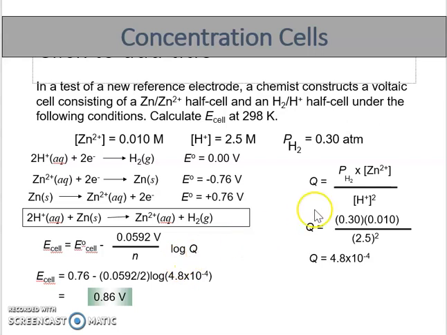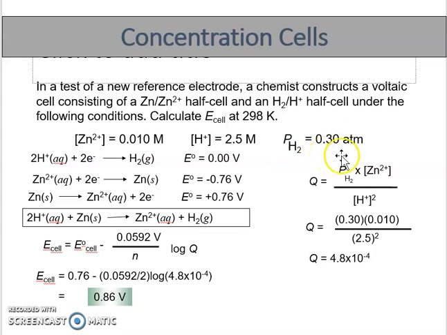Log Q, where Q is the product over reactant expression. Here we have hydrogen gas and zinc 2 plus ion. Hydrogen gas has a pressure indicated here, which is 0.3 atm.